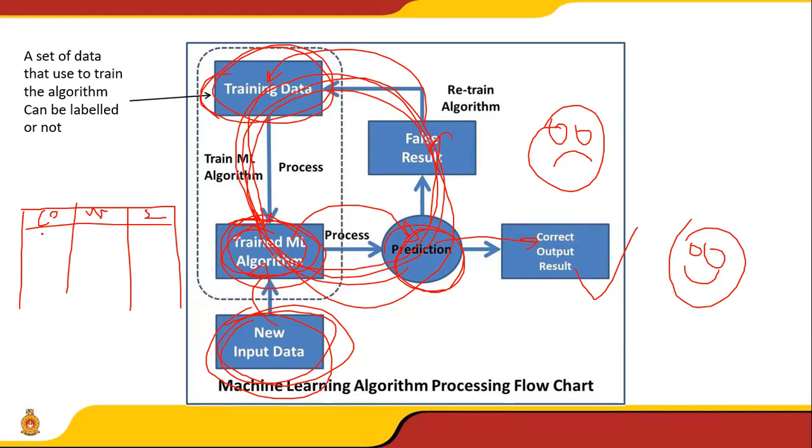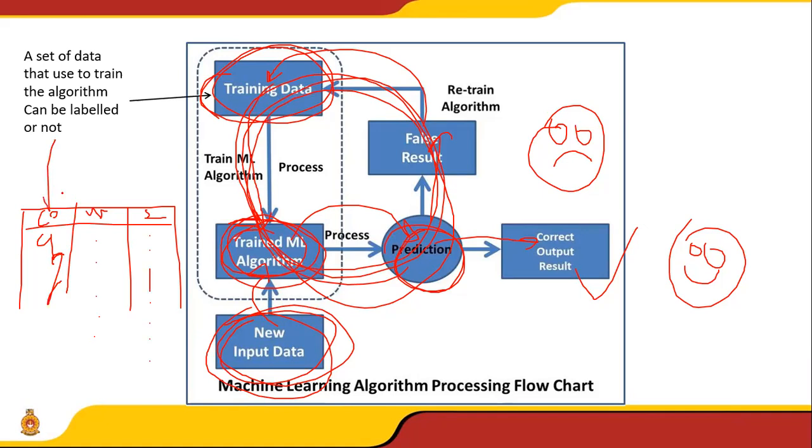Apple's color: green, red, and so on. Weight in grams: 500 grams, 600 grams, 800 grams, 300 grams. Skin: smooth, a couple of damages, scratches, those kinds of things.